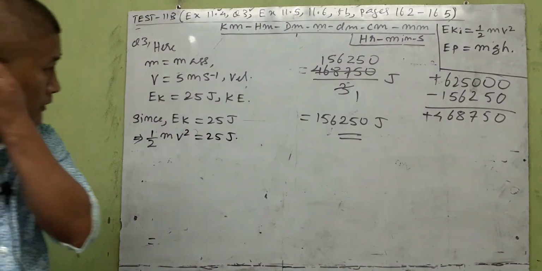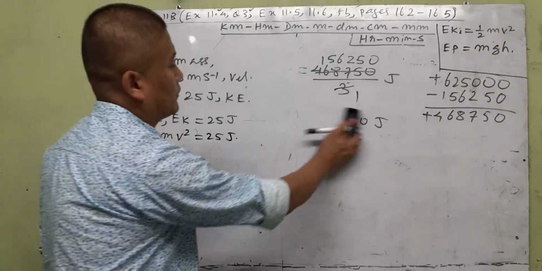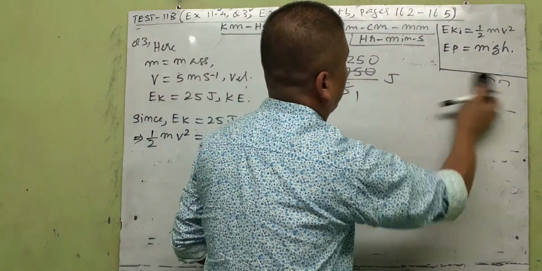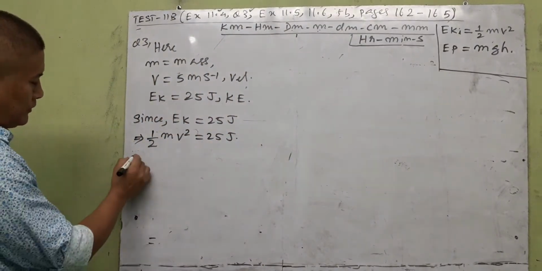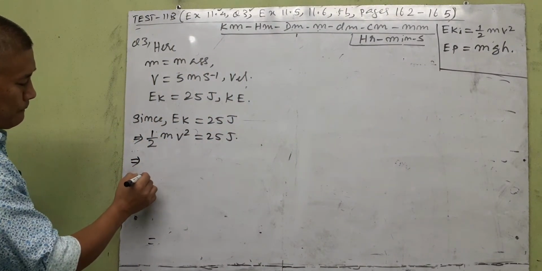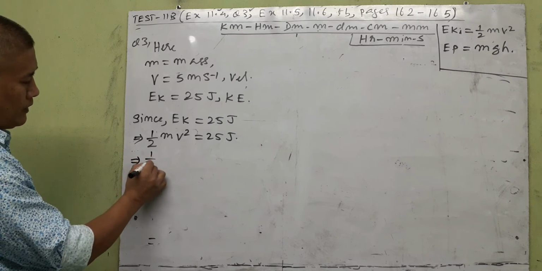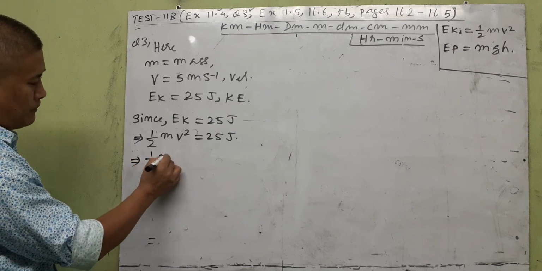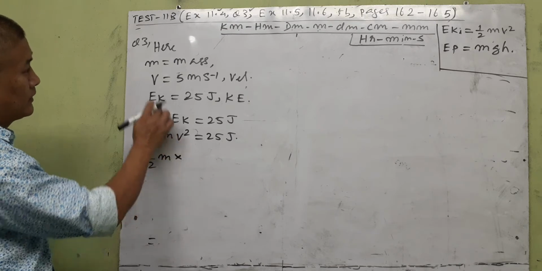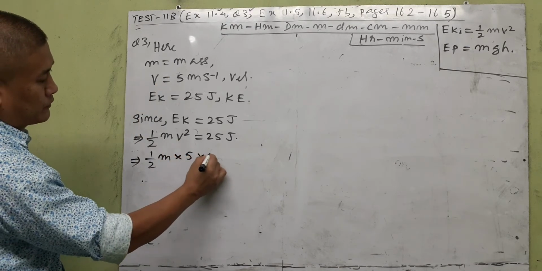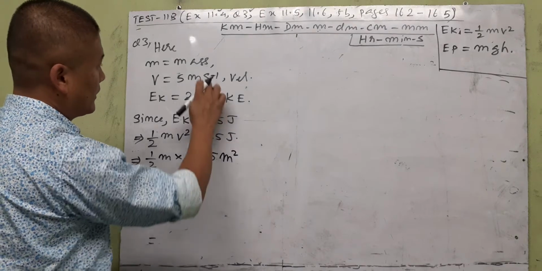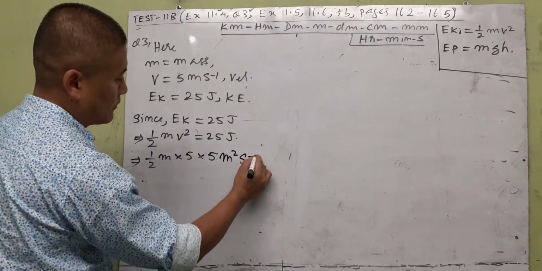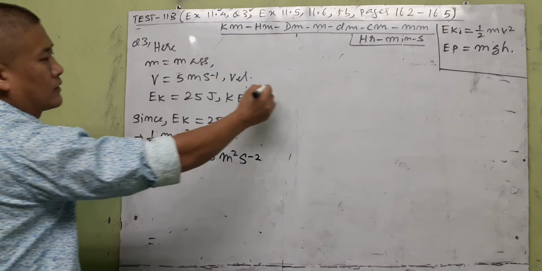Okay, so once we're through with that, next step, as we do this, you're going to get here half m, nothing is done now, so v is here 5. So v square will be 5 into 5, and v square means here also meter square, and second to the power minus 1 will become second to the power minus 2, because this whole thing is square, right?